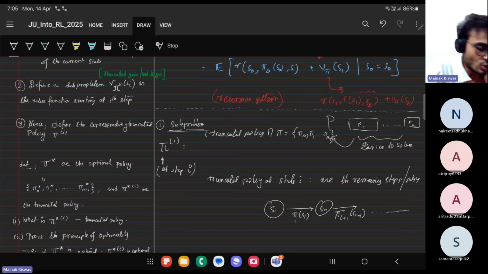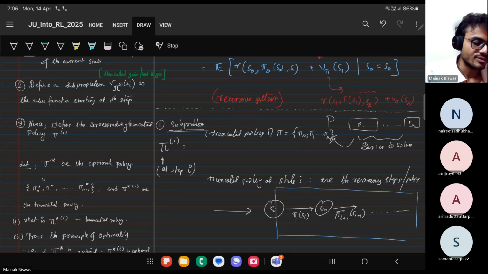Yes or no? And you don't worry about anything of the past. So you are dividing this problem into a subproblem like this, where I am solving only the problem after stage i. Is it clear?